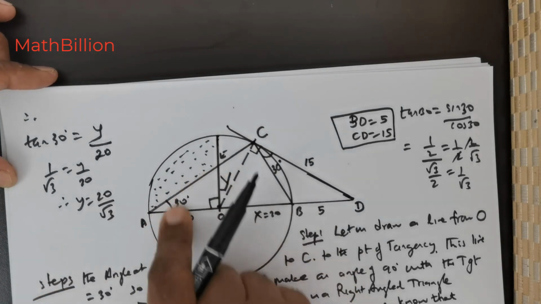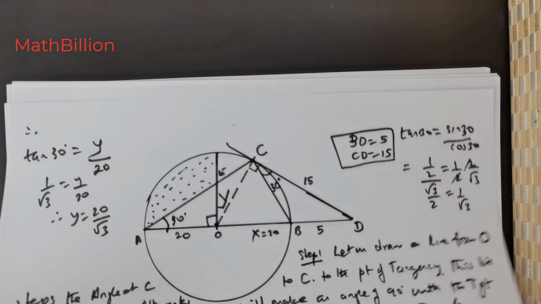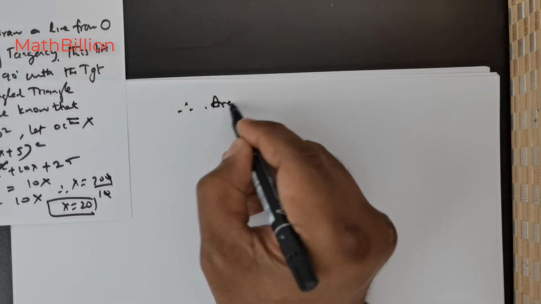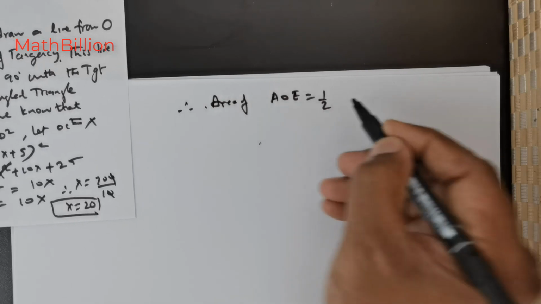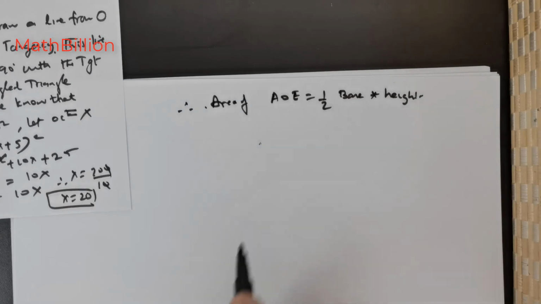Now, how do you get the area of the right triangle? Let me use the next page. Therefore area of AOE is equal to half times base into height, right? So what is the base here?